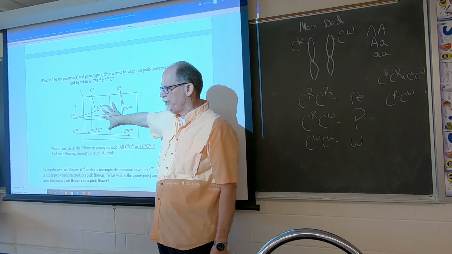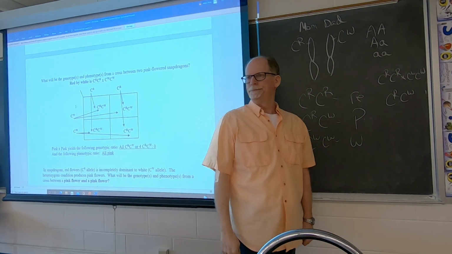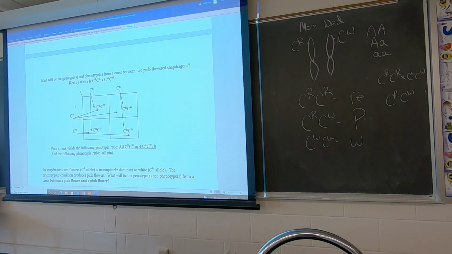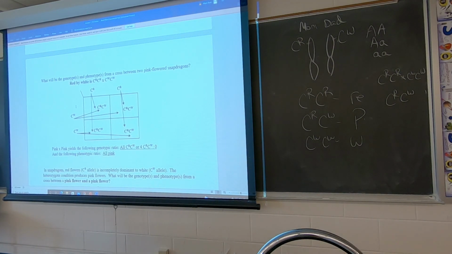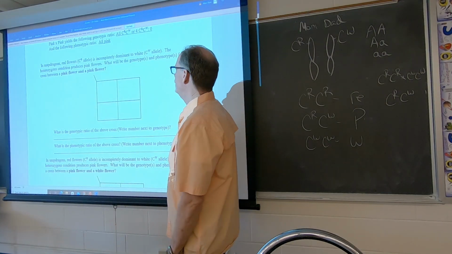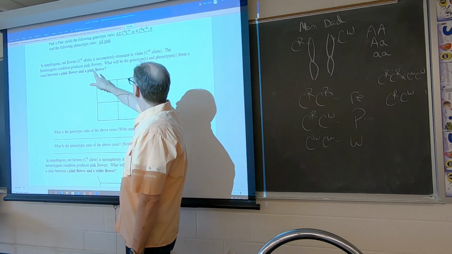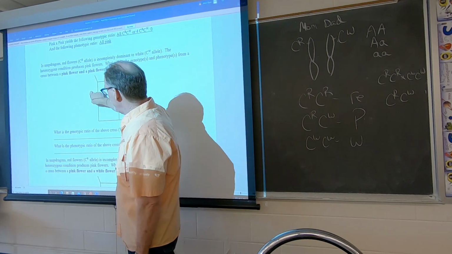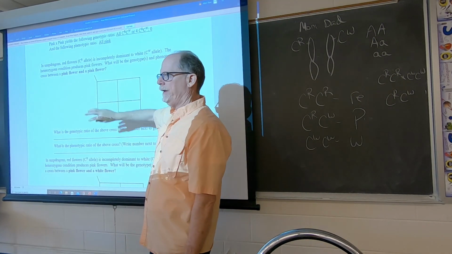The phenotypic ratios of this, they're all pink. They all have the same color, right? But even as simple as this looks, the more familiar you are with it, the more successful you'll be. I don't think you're going to need to do it. Then a pink flower and a pink flower would be CRCW, CRCW, and then you fill it in.